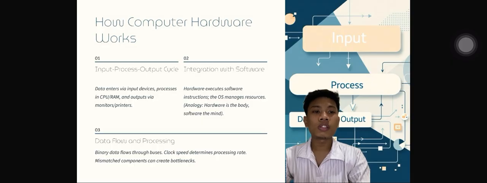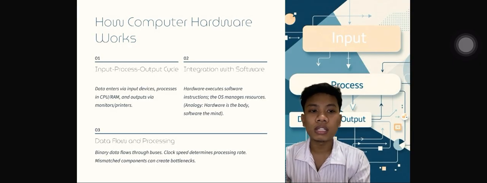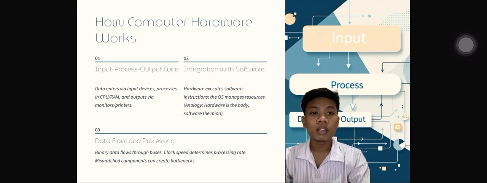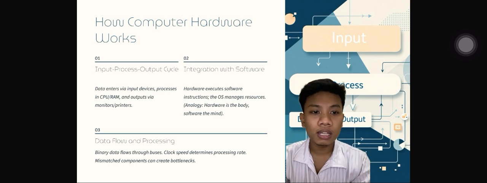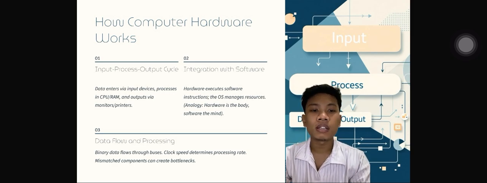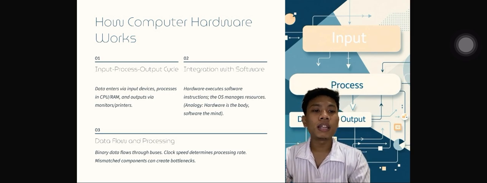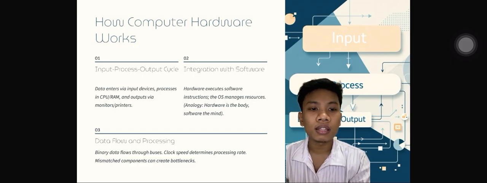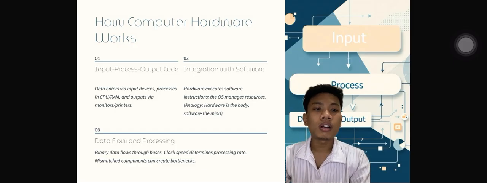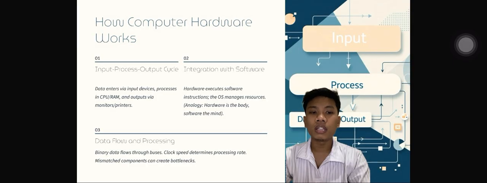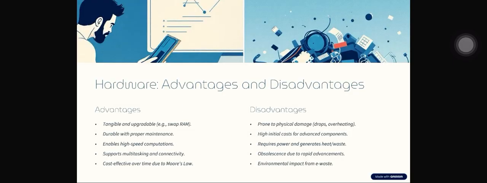Hardware executes software instructions, for example, an operating system such as Windows manages resources. Then, data flow and processing. Binary data flows through the bus. Clock speed determines the processing rate. Congestion occurs if components are incompatible.